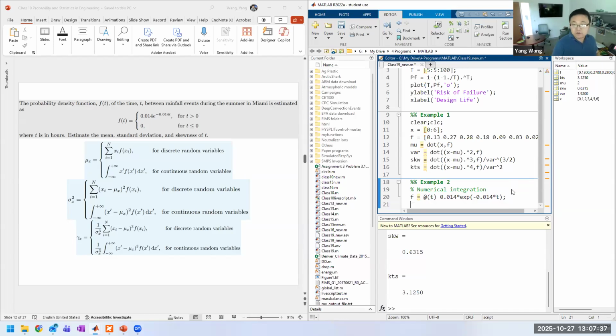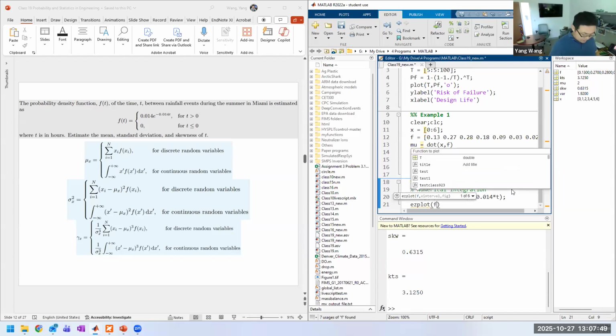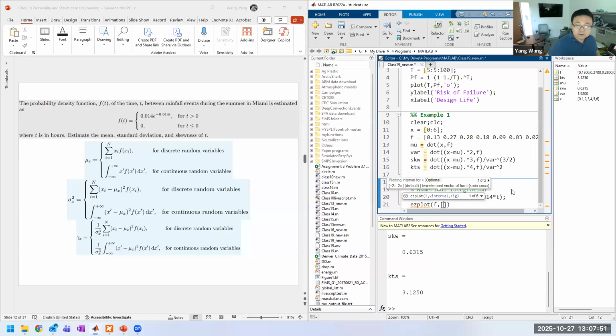So this is the probability function. And then just out of curiosity, we can do an integral of this probability function to see if it's really 1. So we could also make this plot, let's say f, in the range of 0 to 1,000.